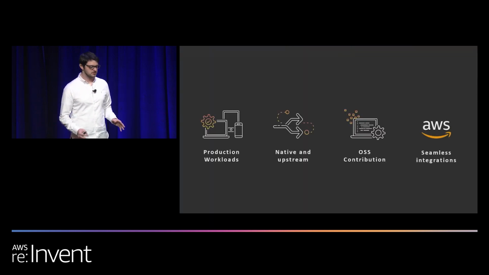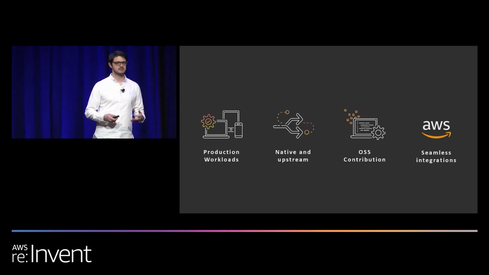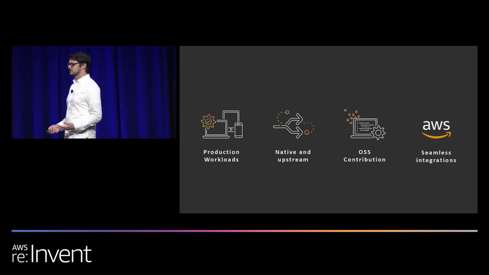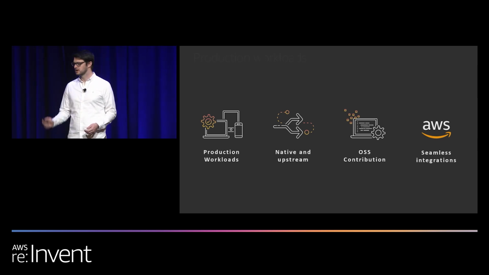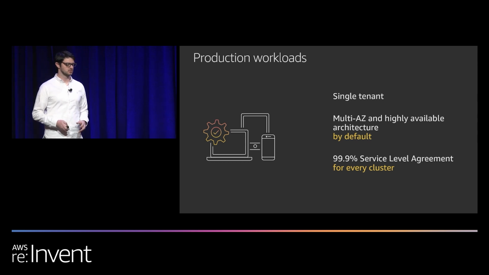So there's a few guiding principles for how we build EKS and the things that matter for us when we have this managed Kubernetes experience on the AWS cloud. So the first thing that's important is that we build to support production workloads for day one for any size of customer.